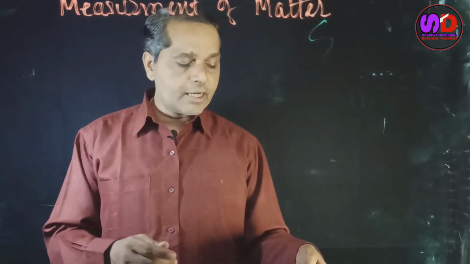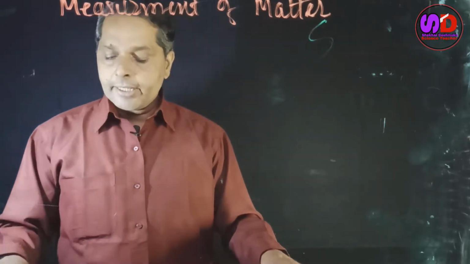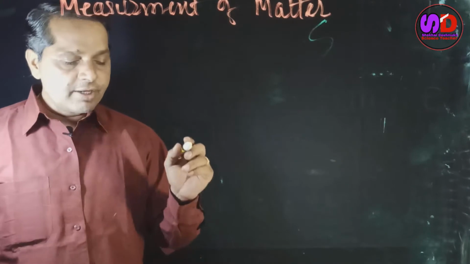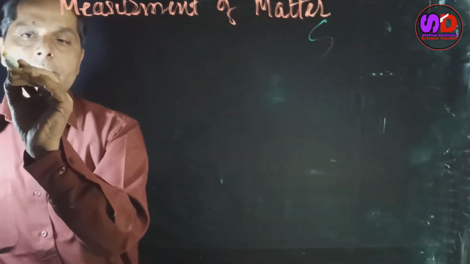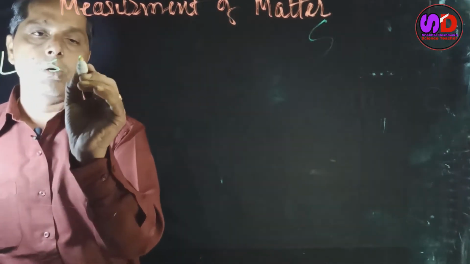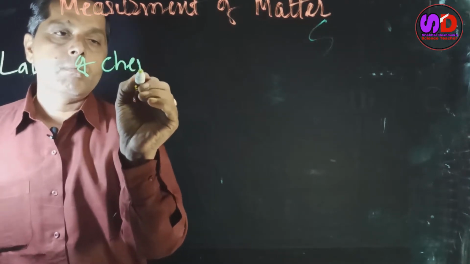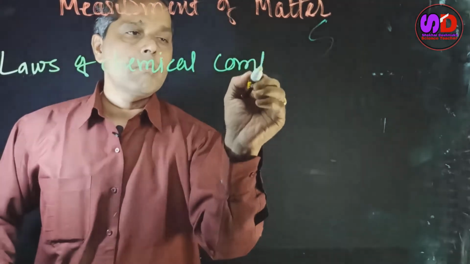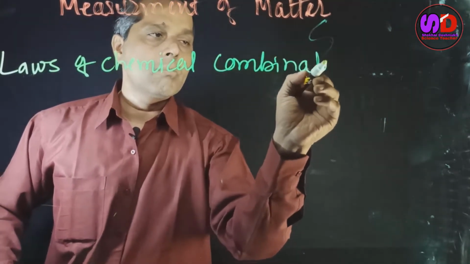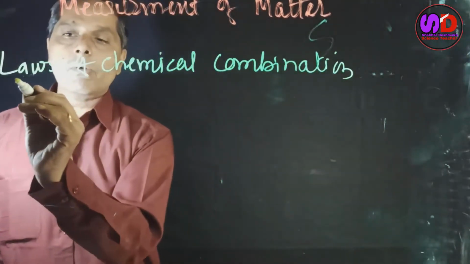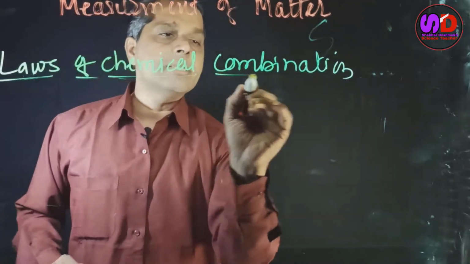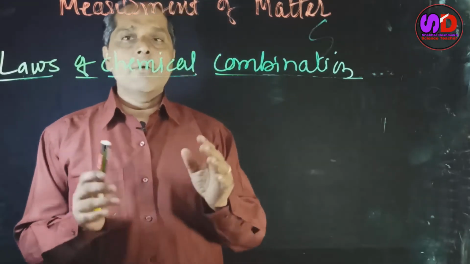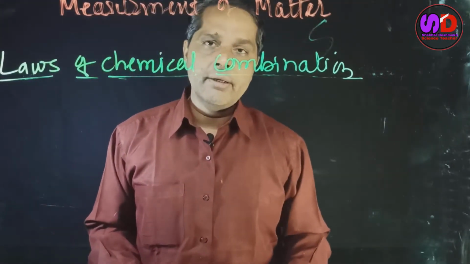So this is our first article that we are going to see in this video, the laws of chemical combination, because there is not only one law but various laws.